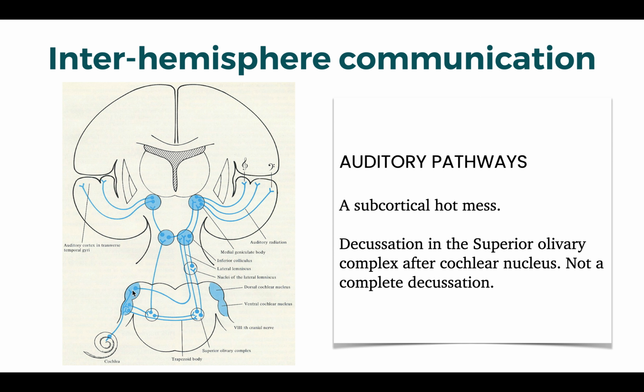So these are the cochlear nuclei, and then you have the olivary complexes. Here's the superior olivary complex. You have some information from the left here, and some information from the right here, and then some of that information feeds over here, some of it goes up here, some of it goes over here and over here. You can follow the arrows, but essentially you've got areas of decussation at multiple points. This is the main area of decussation for auditory pathways, but you can see there's one that happens here, right?